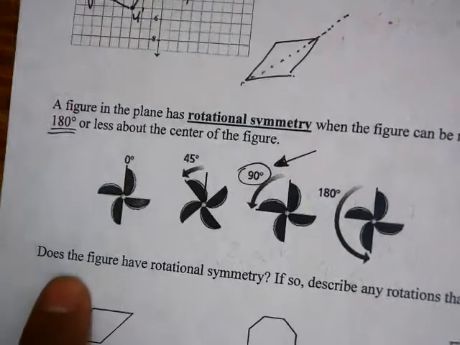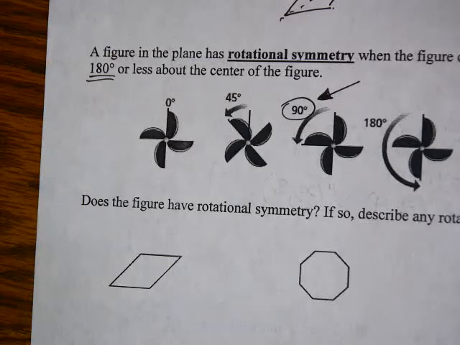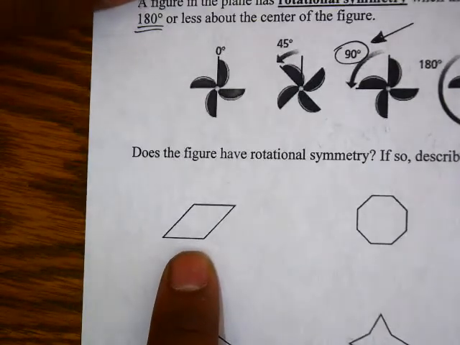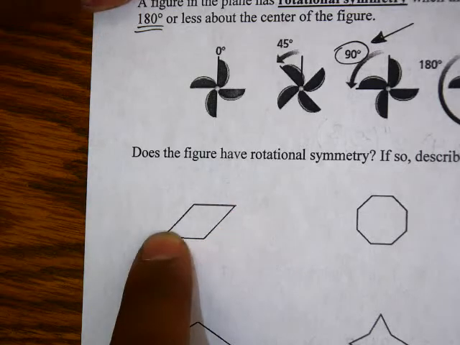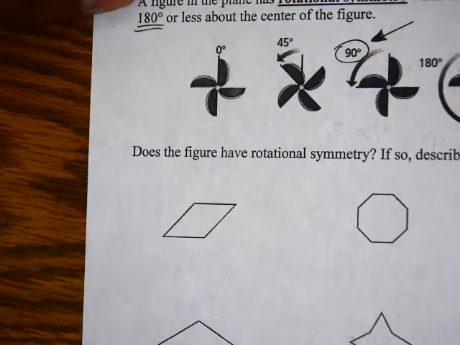So in these pictures, we have to decide if the picture has rotational symmetry or not, and figure out how many degrees that would be. So this parallelogram, we just see if it has rotational symmetry. Keep this picture in mind as I turn my paper. It's going this way, has a positive slope, kind of pointing to the right.